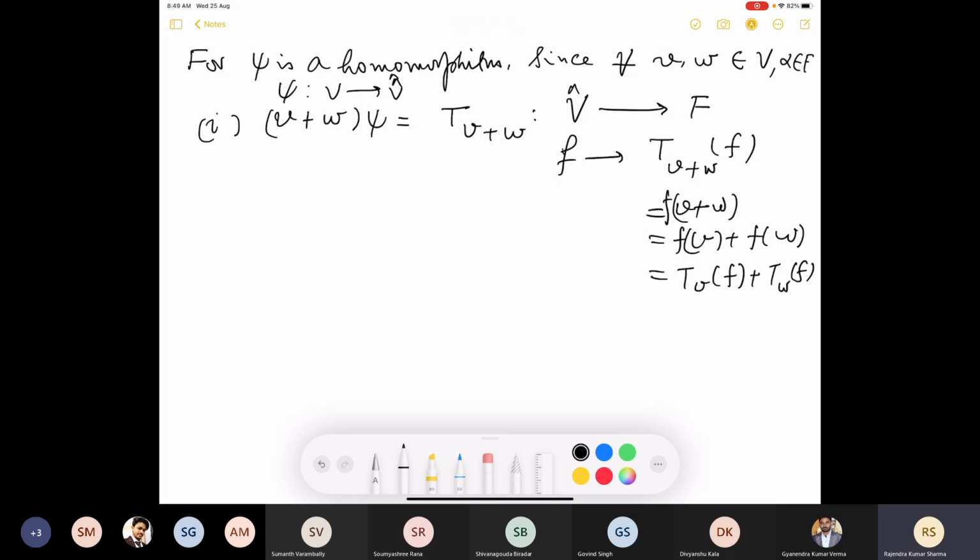So you can see here that T_(v+w) of f is equal to T_v of f plus T_w of f, and that is for every f in V hat. So this is a homomorphism that you can prove.